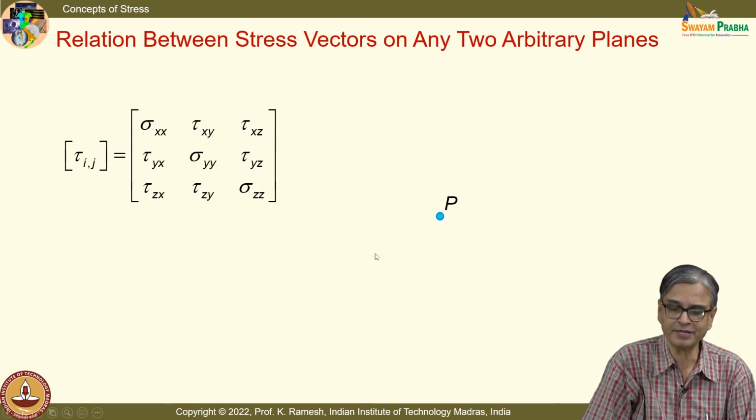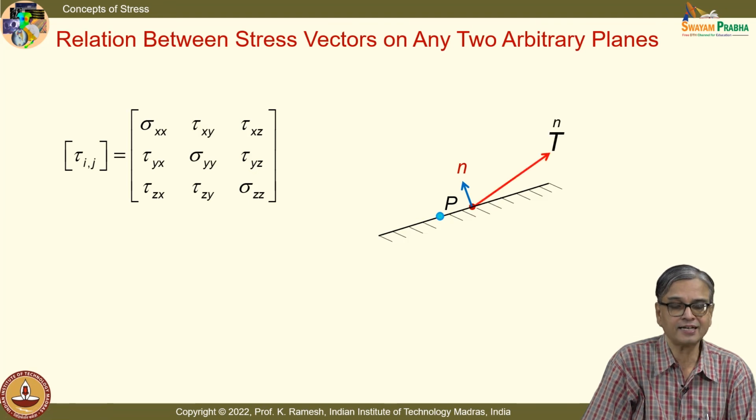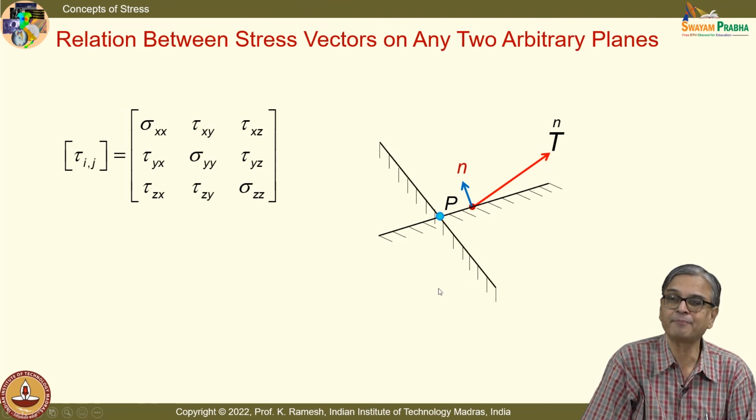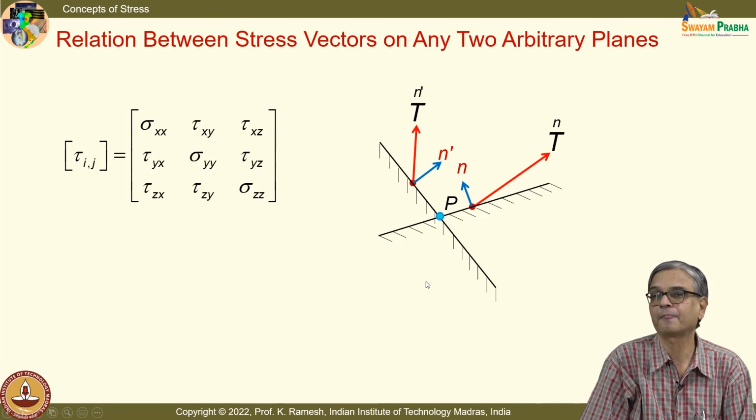I take a point P, draw this sketch. I have a plane. The plane is represented by an outward normal and it has a stress vector Tn. I can also pass another plane n prime. I have an n prime plane. I have stress vector as Tn prime.